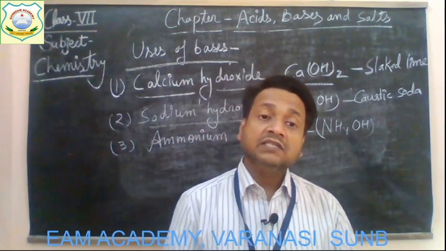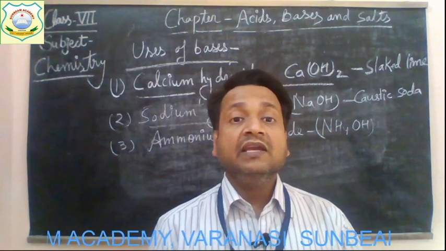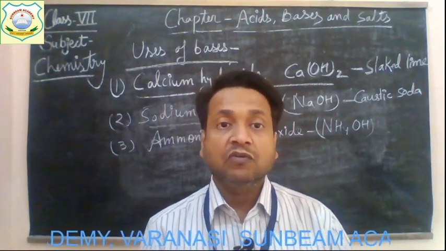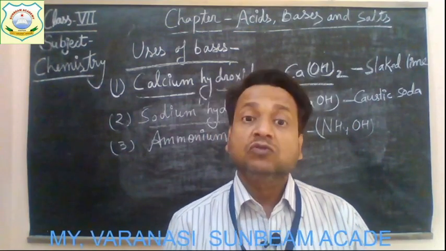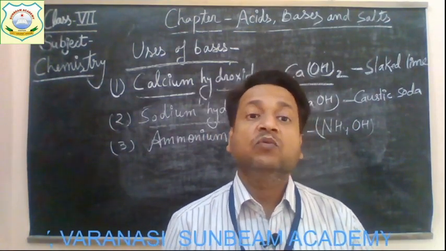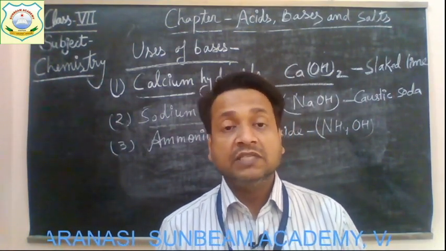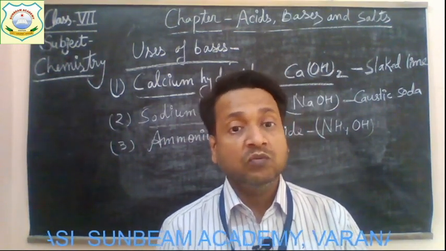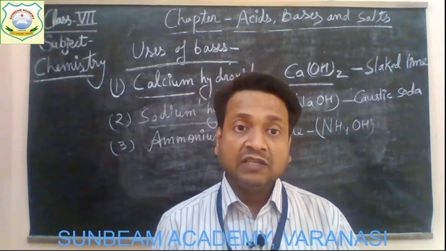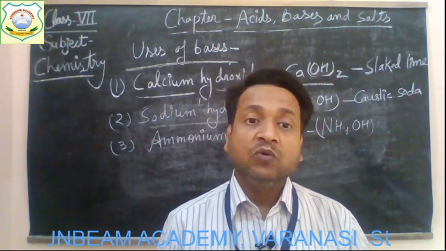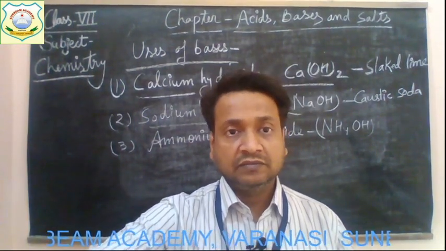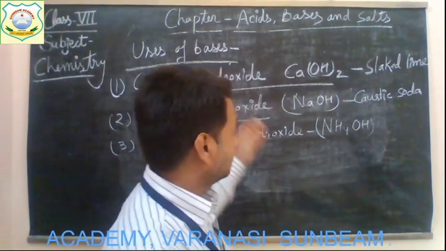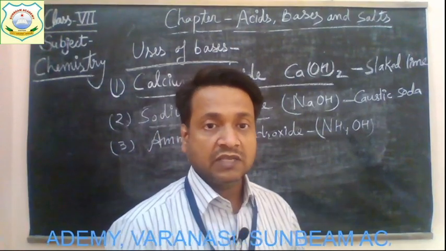Ammonium hydroxide is also used as an ink remover to remove ink spots from clothes. Such substances used as ink removers are manufactured with the help of ammonium hydroxide. So these are some uses of ammonium hydroxide.